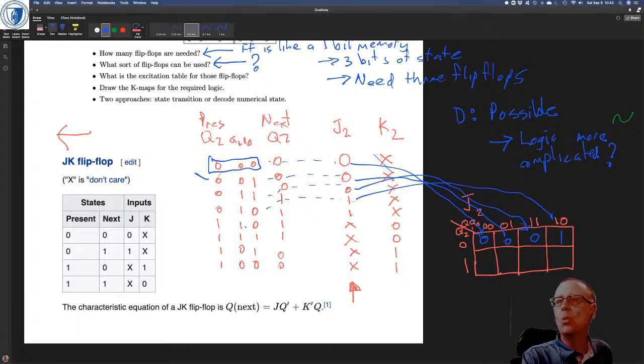Then 1, 1, 0 is here, and 1, 1, 0 is this bottom right hand box, so we get a 1.